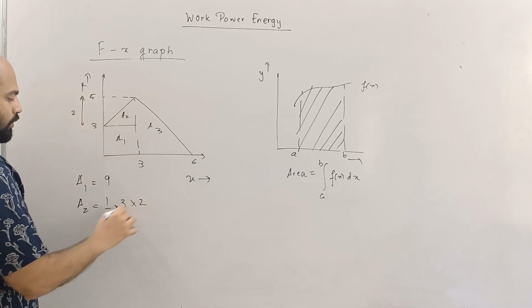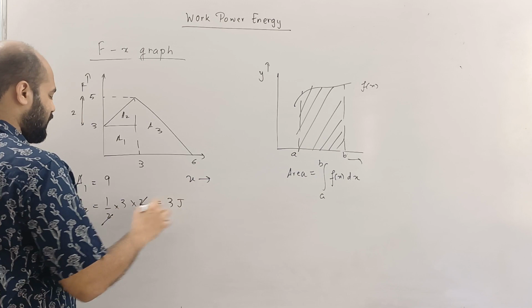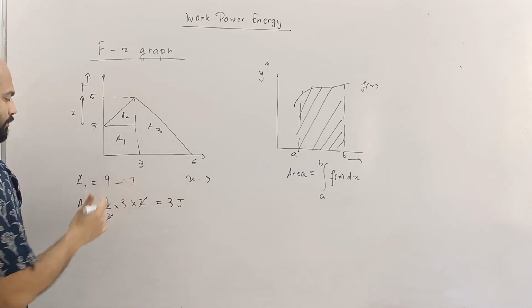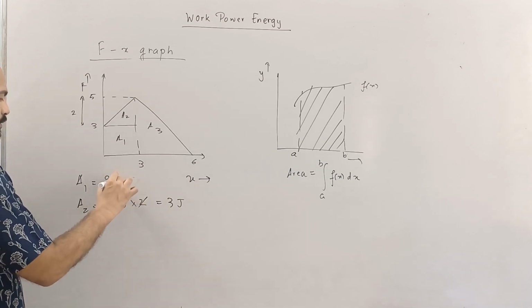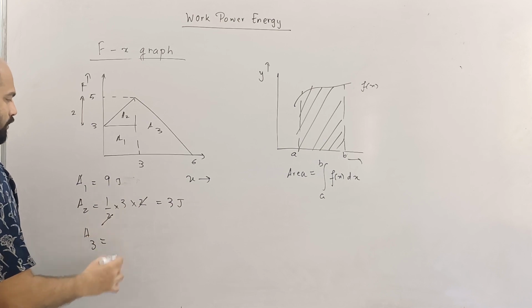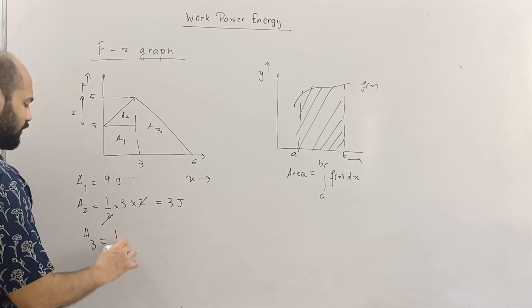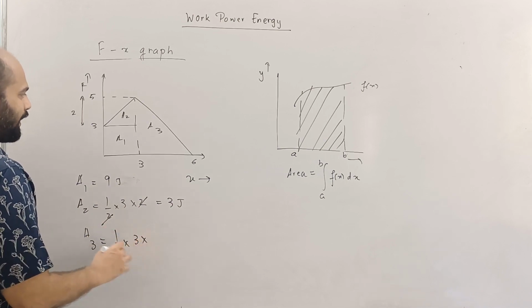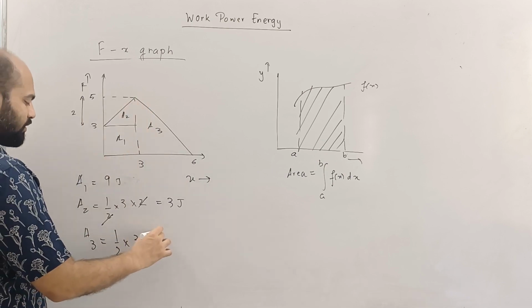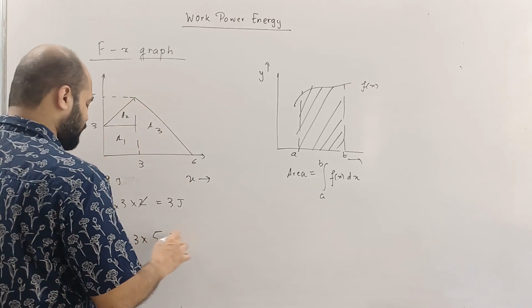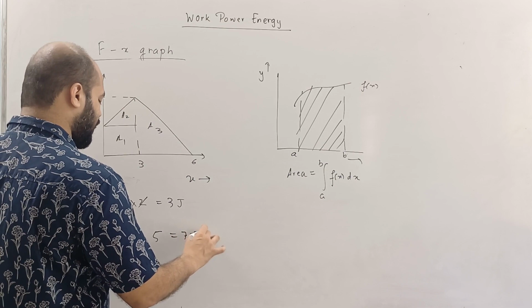So height is 2, and what we get is 3 joules, 9 joules for A1, and the last one, A3, is going to be half into base into height. The height is given as 5, so in this case it's going to be 15 by 2, which is 7.5 joules.